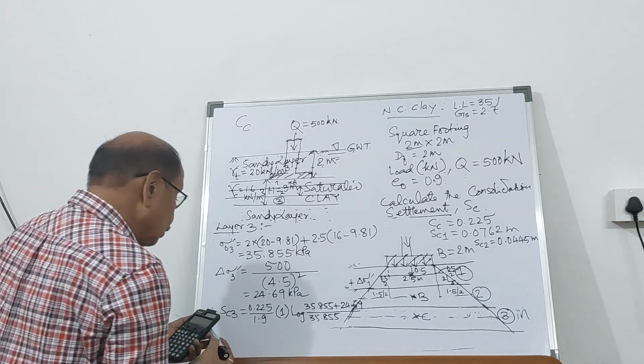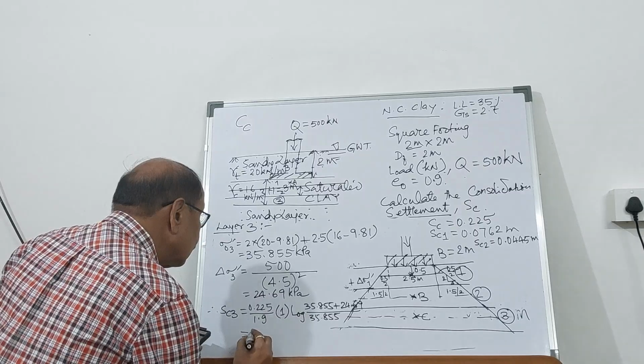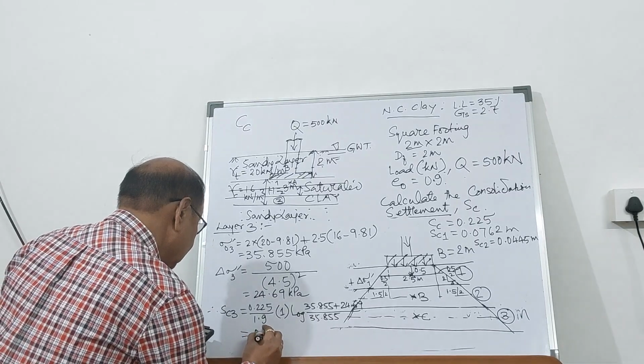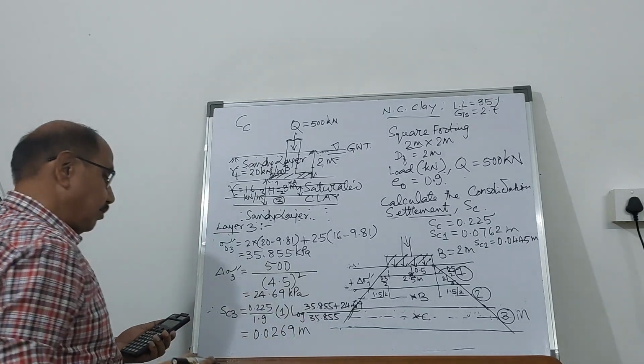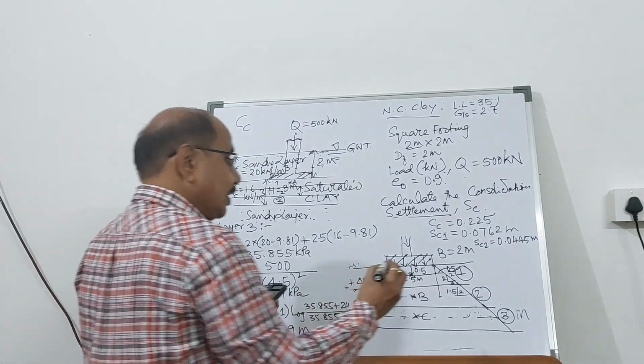This gives you a very small value, 0.0269 meter. So SC3 is 0.0269 meter.